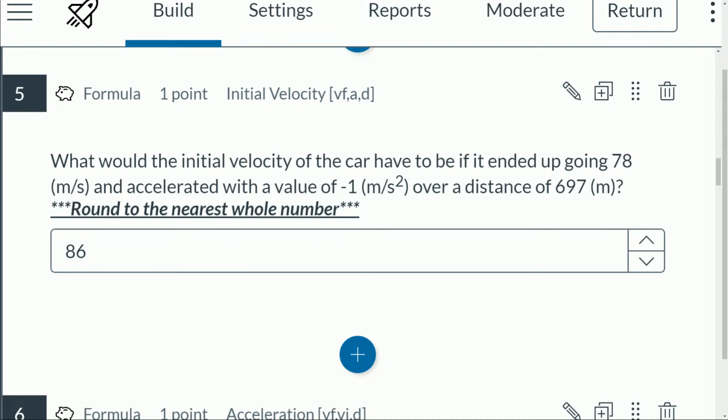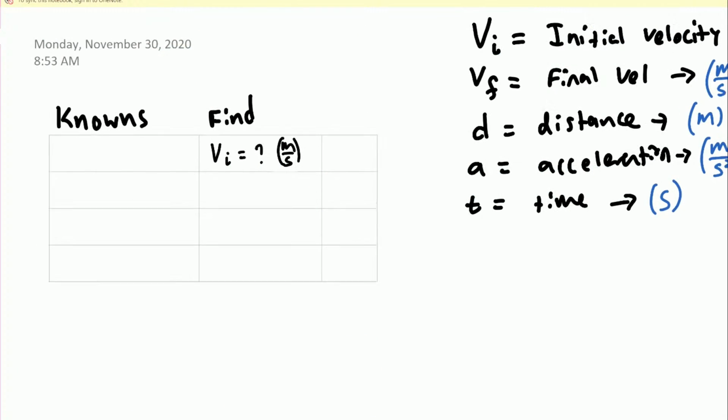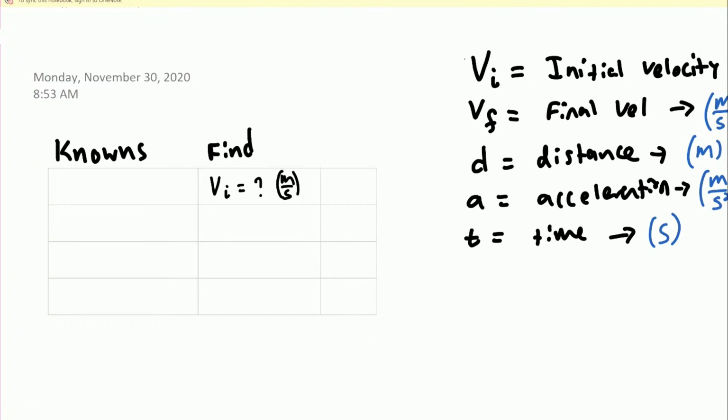All right. And then it says if it ended up going 78 meters per second. So if I'm already trying to find initial velocity, there's only one more velocity that's available, and that would be my final velocity. So if it ended up going 78 meters per second, that's my final velocity.